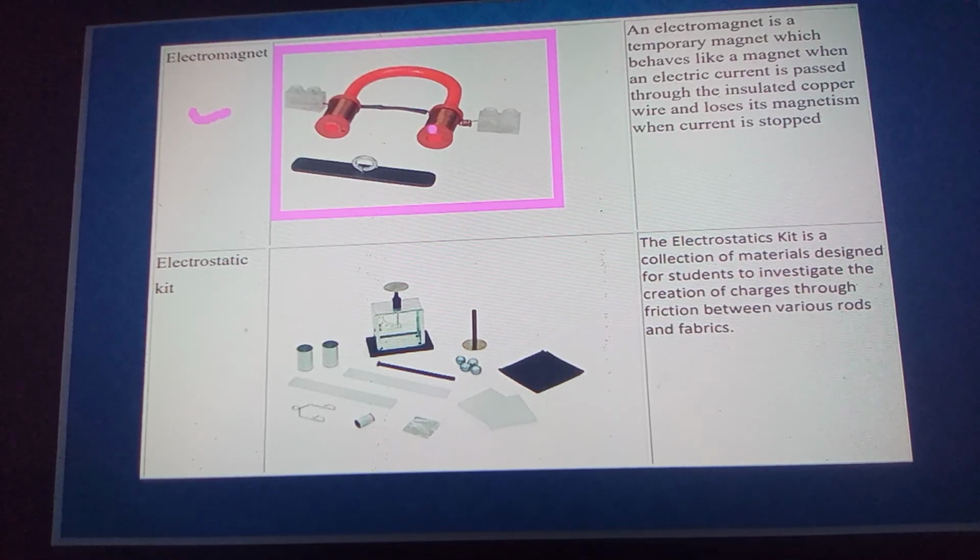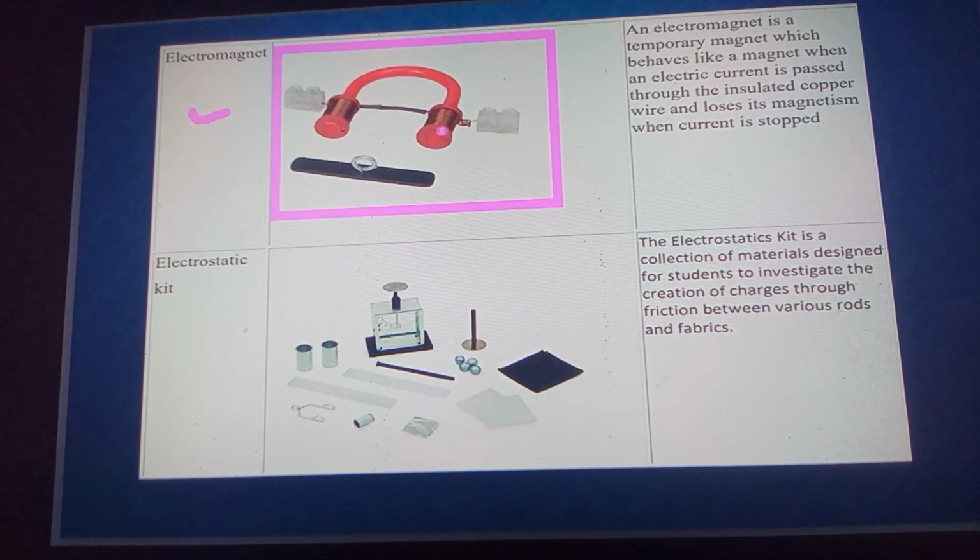So that is the electromagnet. Of course, we have the coil wound on a metal, and when you connect the terminals to the source of voltage, this electromagnet behaves as a temporary magnet, because when you disconnect, it will lose its magnetic properties.